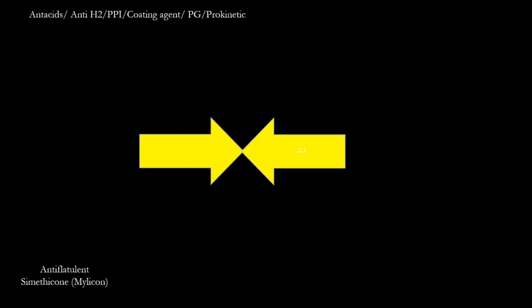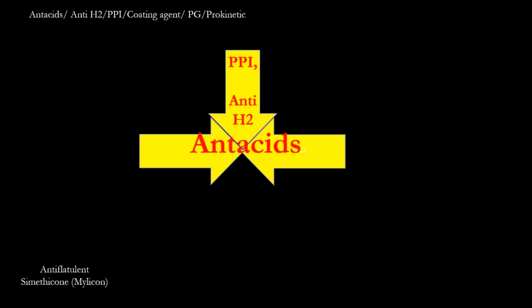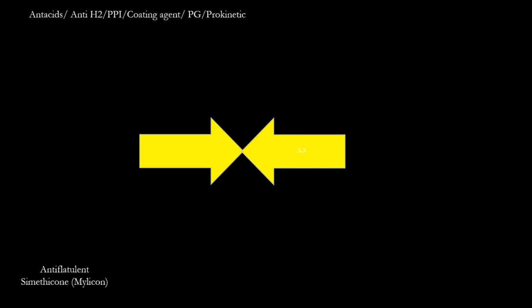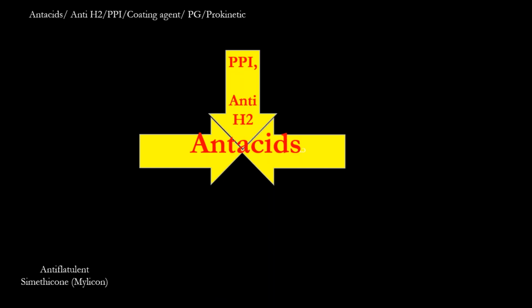Antacids are neutralizers, like Alka-Seltzer, and Maalox, the aluminum, magnesium. Don't be confused or tricked, because anti-H2 drugs are not antacids. Antacids, the other name is neutralizers.